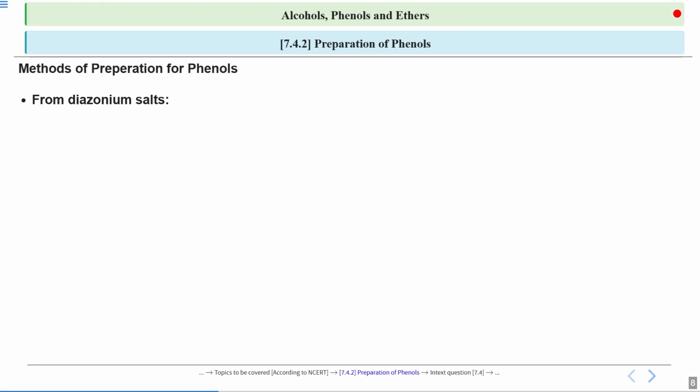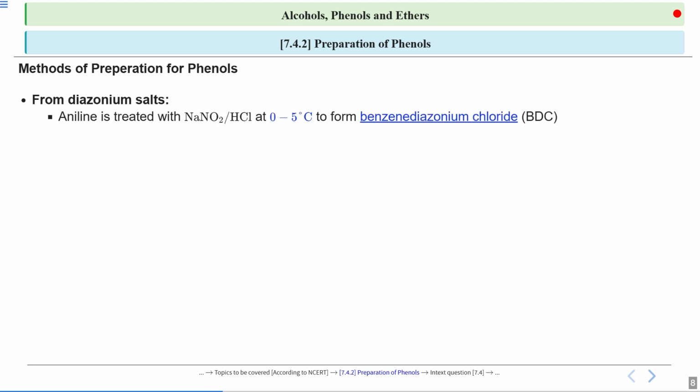Now, if we look at the third method, that is from the diazonium salts. We have covered the diazonium salts, right? So aniline is treated with sodium nitrite, NaNO2, in presence of hydrochloric acid at a particular 0 to 5 degrees Celsius temperature range to form benzene diazonium chloride.